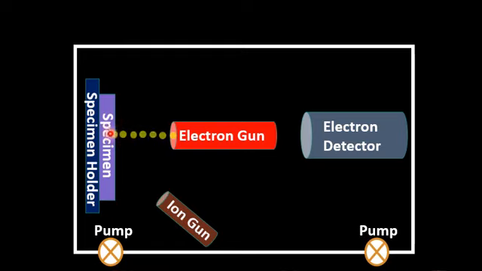This is a representation of a highly energetic beam of electrons incident on the surface of the specimen. These highly energetic electrons incident on a specimen surface will emit Auger electrons from the sample surface.